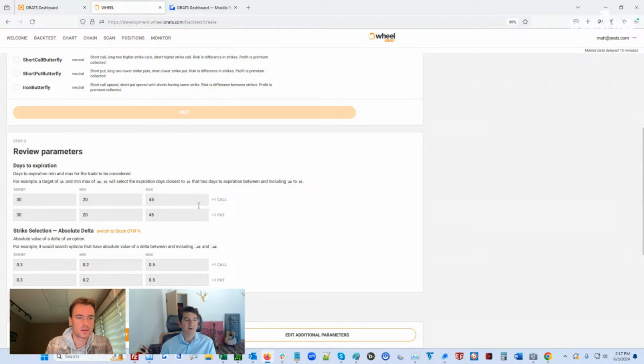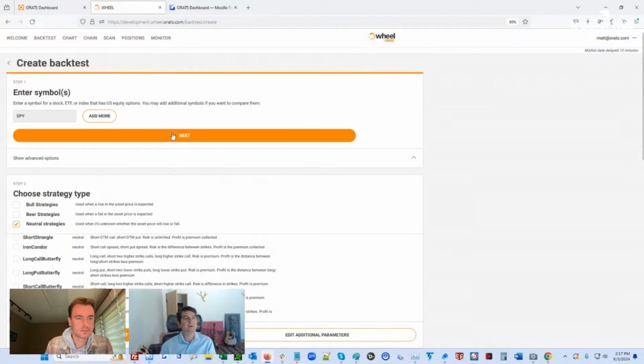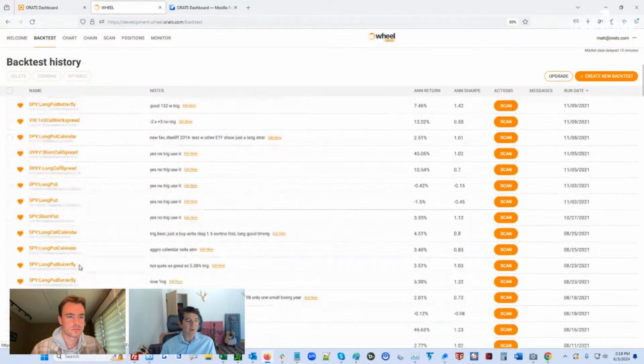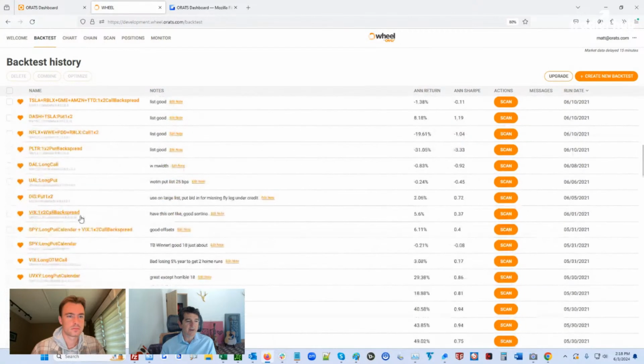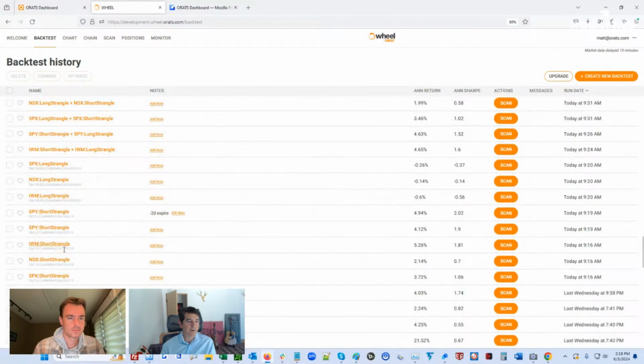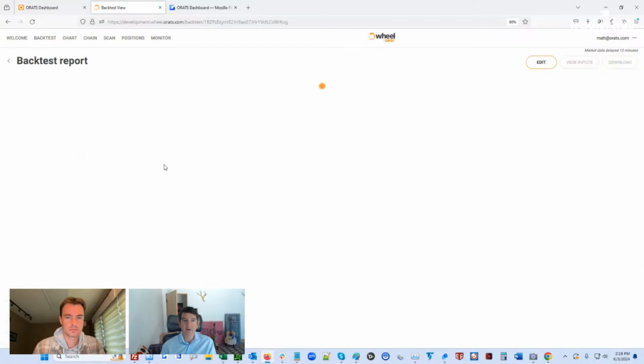Gotcha. Okay, that's a good question. The key is, let's just look at the short strangle on its own. So here's the IWM short strangle.